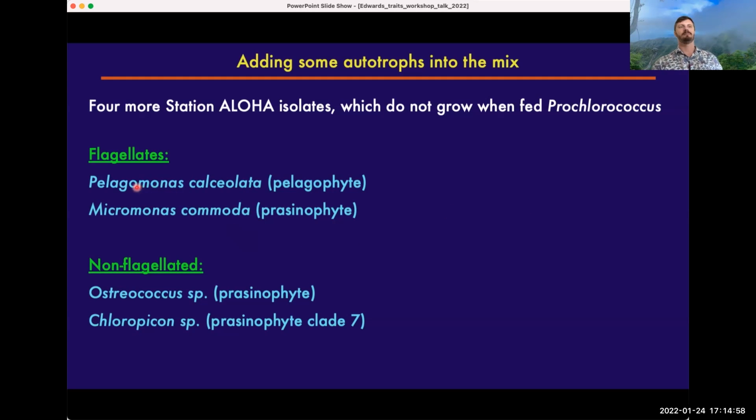There's 2 flagellates, Pelagomonas, which is a pelagophyte, and Micromonas, which is a prasinophyte. And then there's 2 non-flagellated prasinophytes, Ostreococcus and Chloropicon, which is part of the commonly observed prasinophyte clade 7, which has recently been taxonomically named.